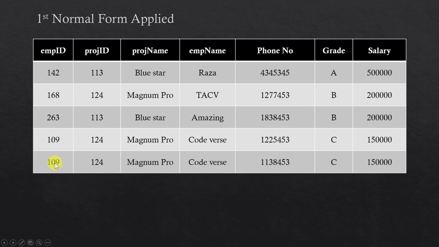Even now we have two records with the same employee ID and the same project ID, but the phone numbers in both records are different. So we can say that this table is now in first normal form.